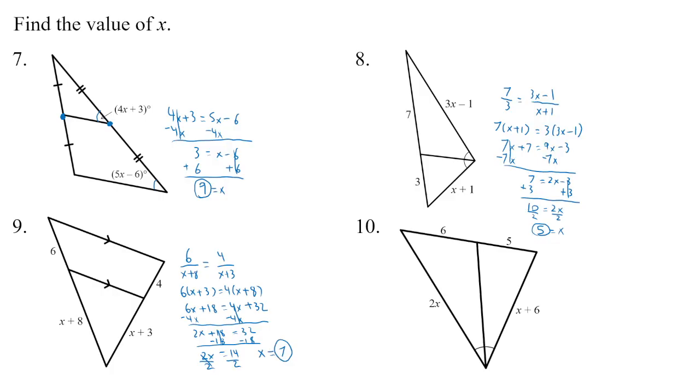Finally, on number 10, we have a line segment that bisects one of the angles. So we apply the triangle angle bisector theorem, which is 6 over 5 equals 2x over x plus 6. Cross multiply, we have 6 times x plus 6 equals 5 times 2x.